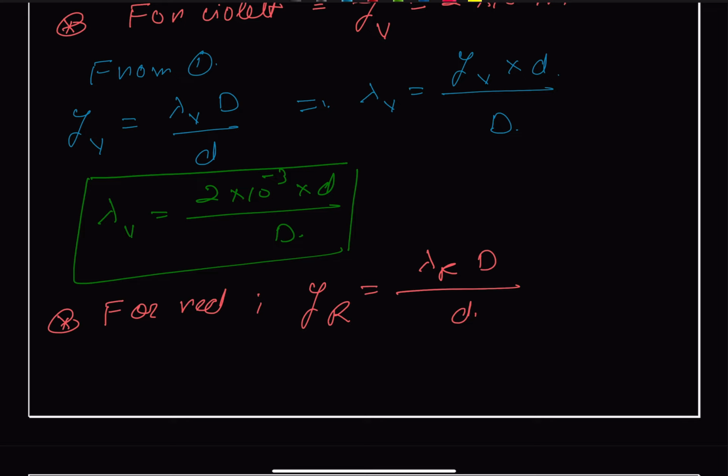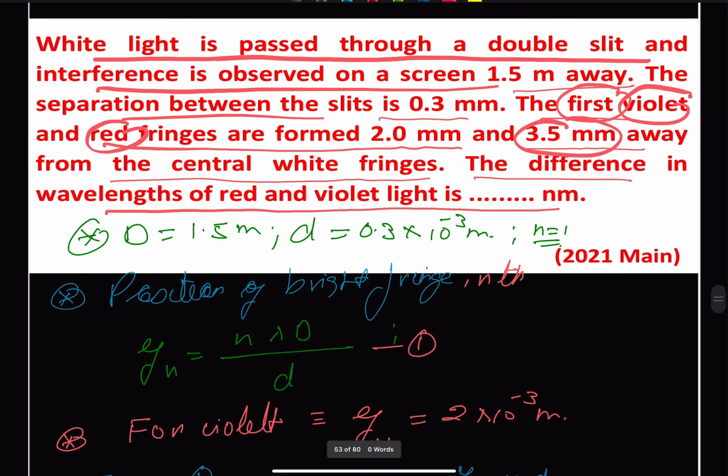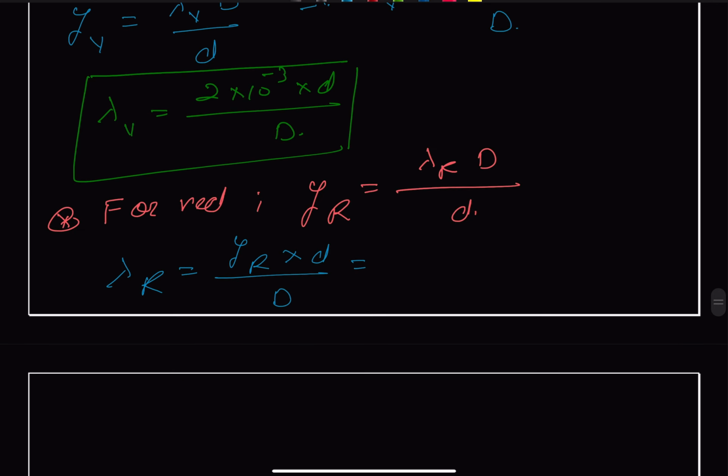So we get this as lambda for red is equal to y for red multiplied by small d and capital D. Y of red we already know, it is given to us as 3.5 millimeter. So this becomes 3.5 into 10 raised power minus 3 multiplied by small d and divided by capital D.